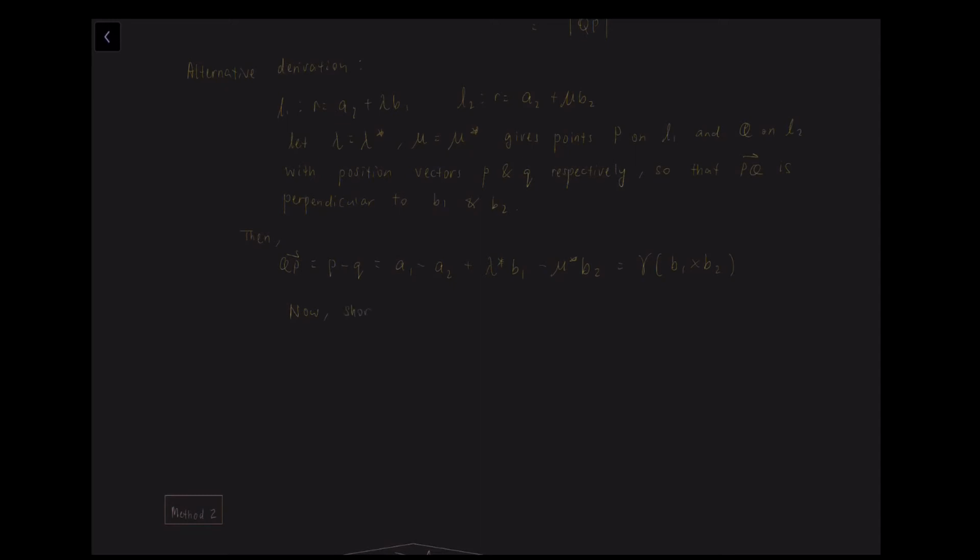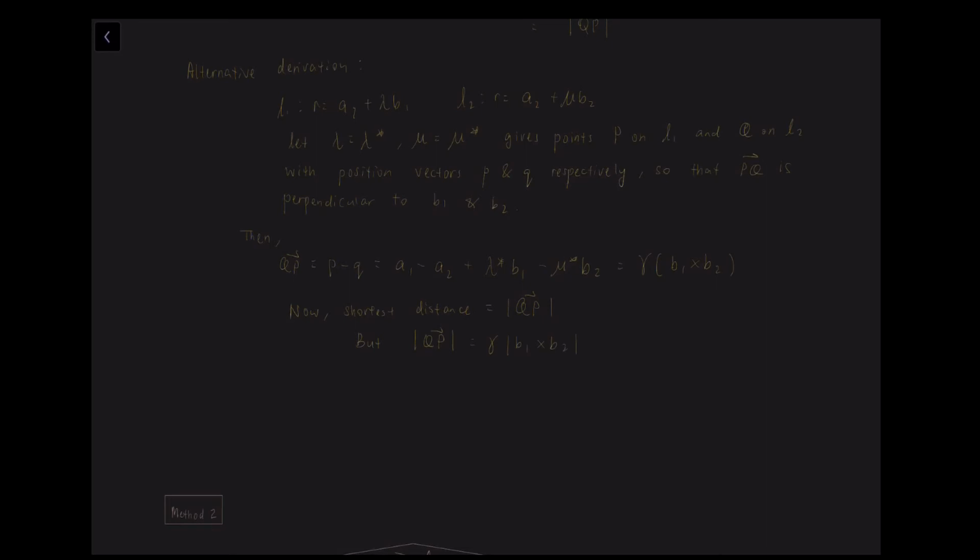Now the shortest distance between the two skew lines L1 and L2 is given by the modulus of QP. But we know that the modulus of QP equals gamma times the modulus of B1 cross B2.